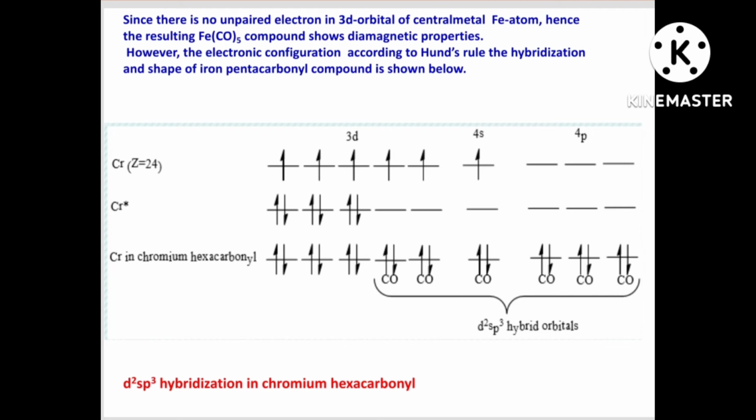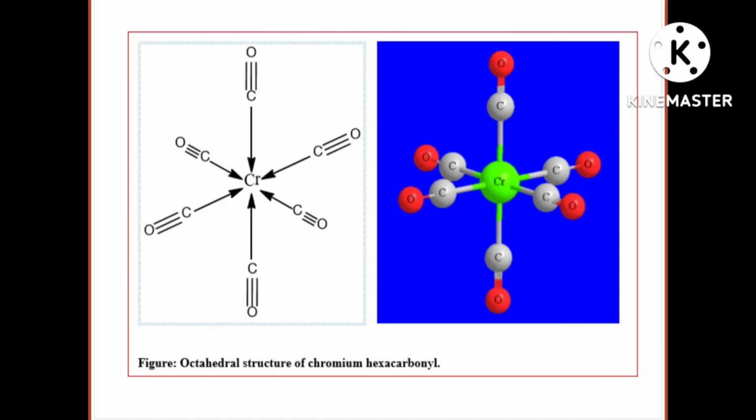So in the presence of carbon monoxide, all the electrons are pushed into the d orbitals and the electrons are paired, and two 3d orbitals are vacated. These vacated 2 d orbitals undergo hybridization with the 1 s orbital and 3 p orbitals and form d2sp3 hybrid orbitals. So as a result, chromium hexacarbonyl gets the octahedral structure.